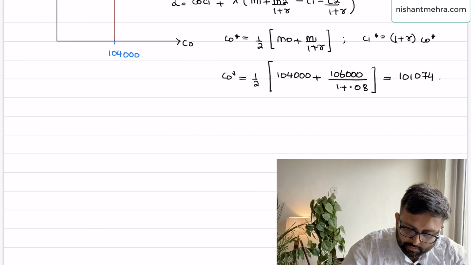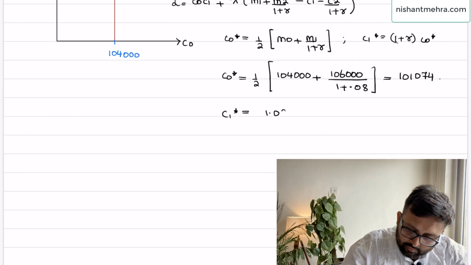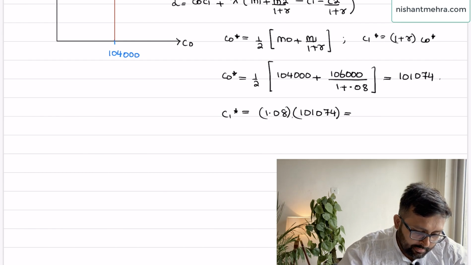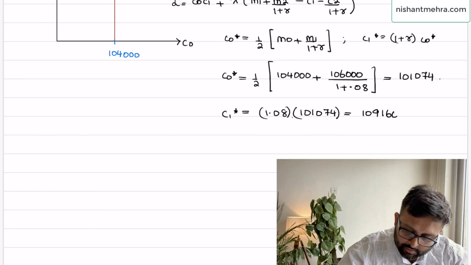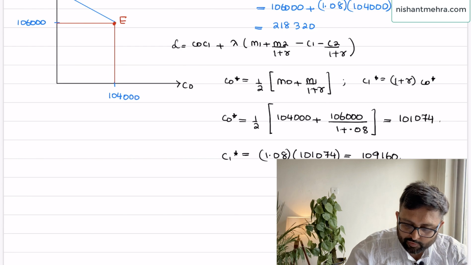This is going to be my C naught star. And C1 star will come out to be 1 plus R, that is 1.08, into C naught star. That will come out to be 109,160. Right, beta?